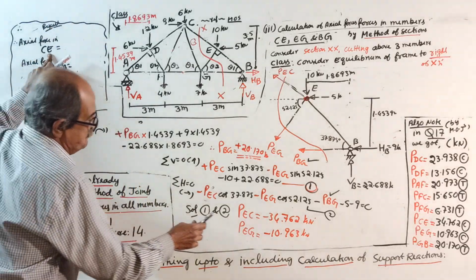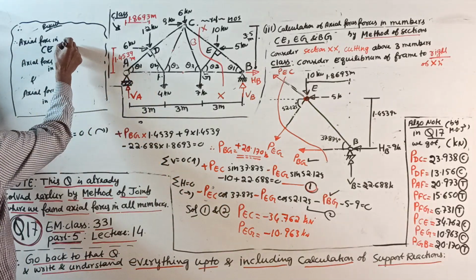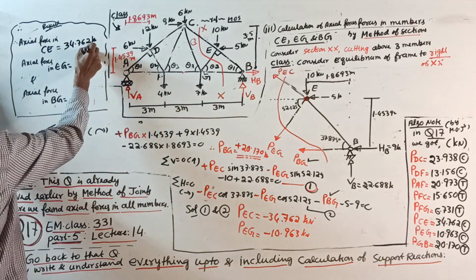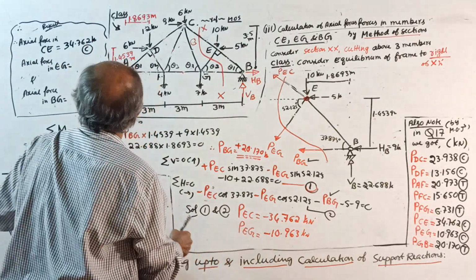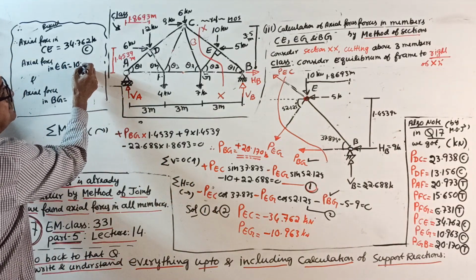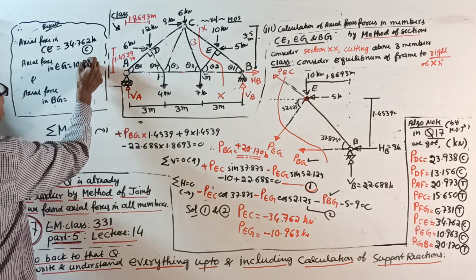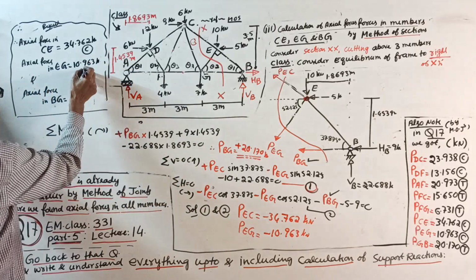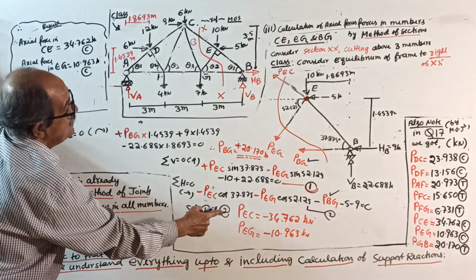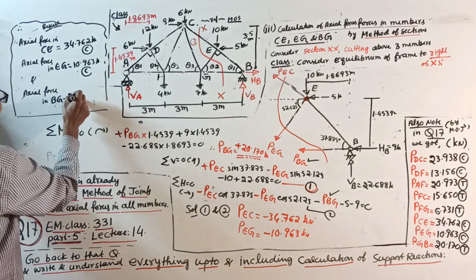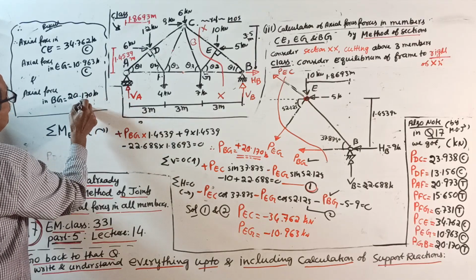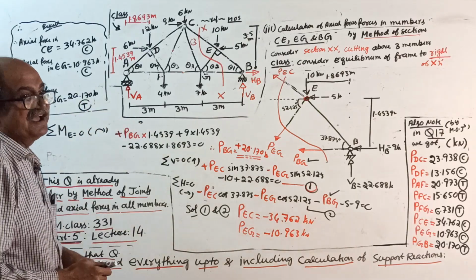Force in EC, 34.762 kilonewton; negative sign came, compression. Force in EG, 10.963 kilonewton, also negative, compression. And force in BG, 20.170 kilonewton positive, tension.